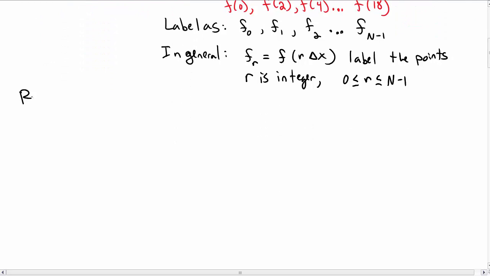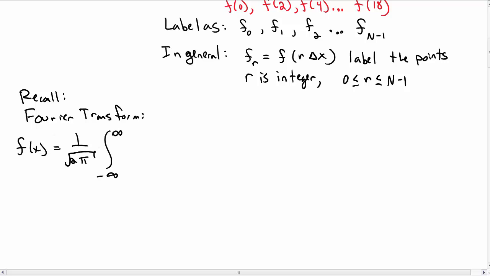Okay, so let's go back to the usual Fourier transform and recall how that works. So the Fourier transform was defined as the function f(x) equals square root of 1 over 2 pi, integral from negative infinity to infinity of f hat of p, e to the i p x, dp.